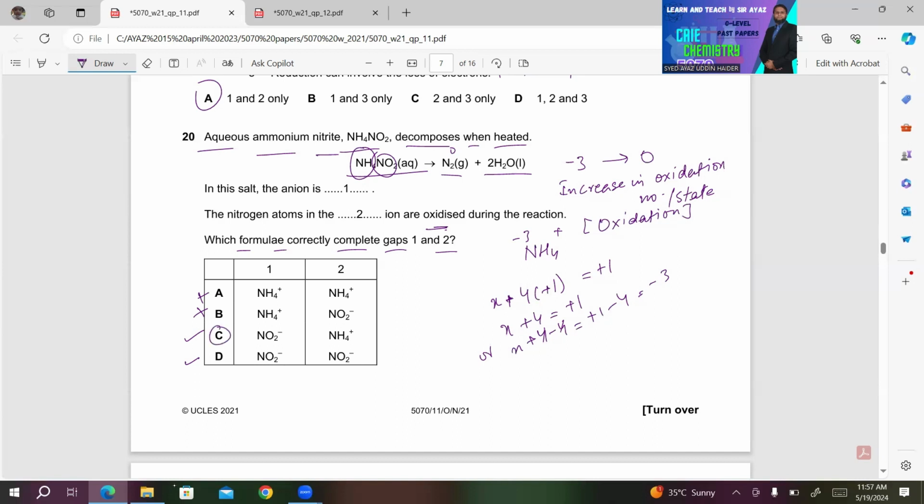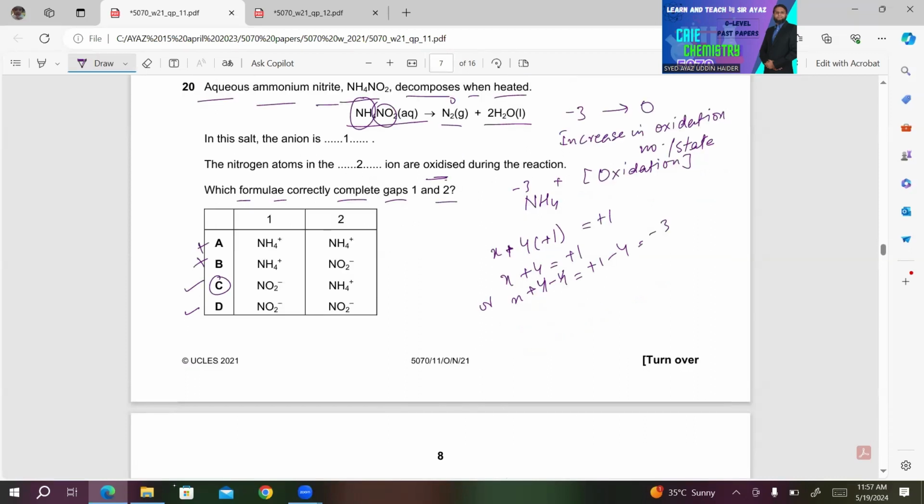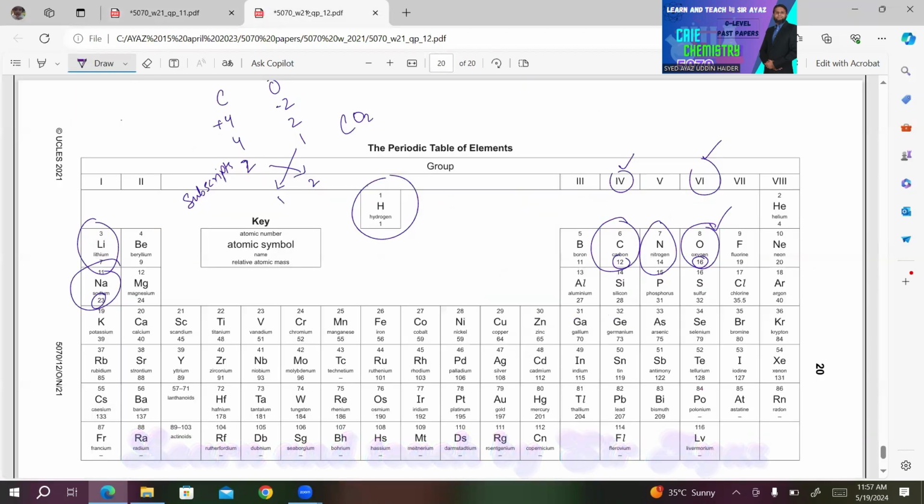For your convenience, I am checking the change in oxidation state for NO2 also. Here is NO2. It's carrying -1 charge, so I will write on the right hand side -1. Nitrogen, I am taking X. Where is oxygen in the periodic table? Oxygen is more electronegative than nitrogen.